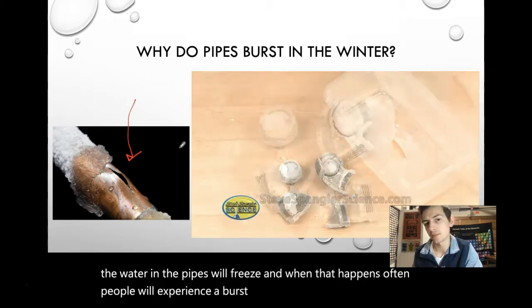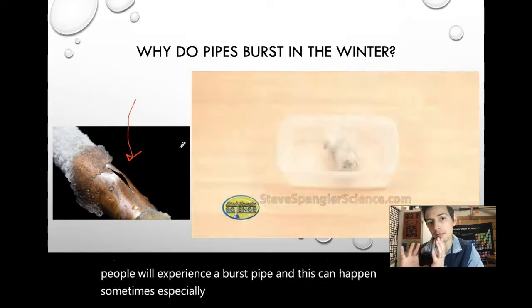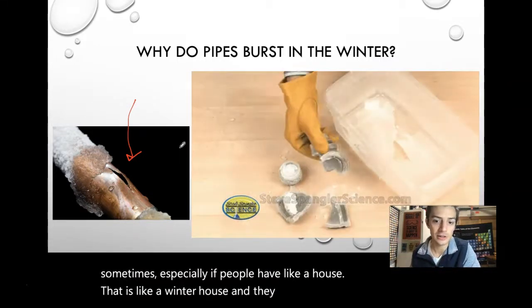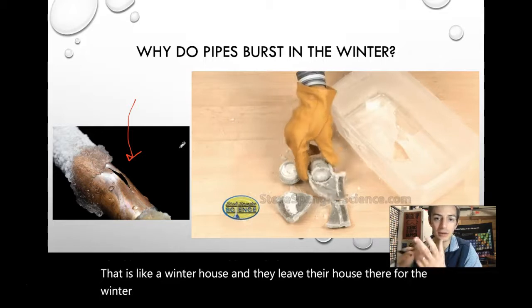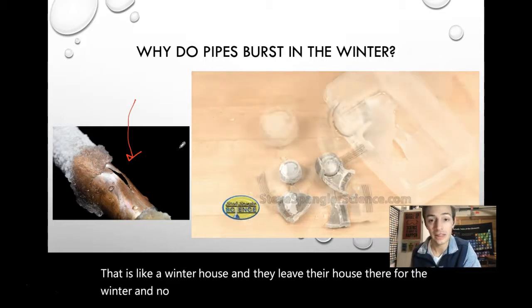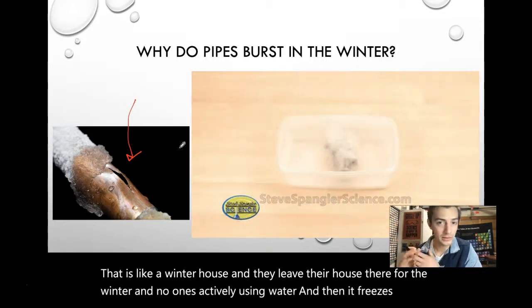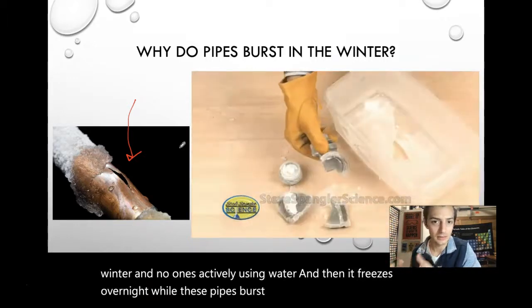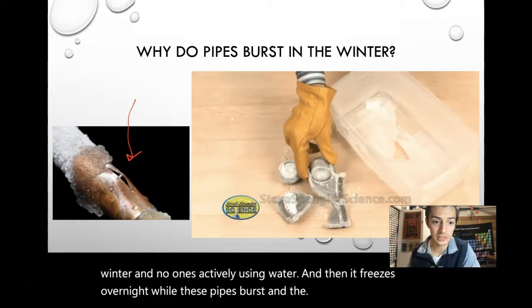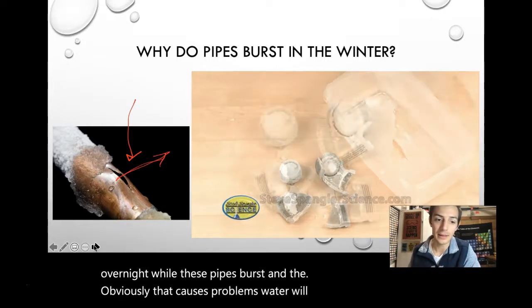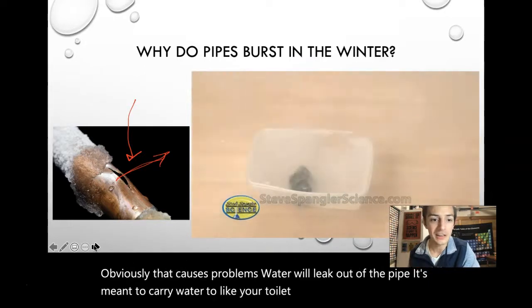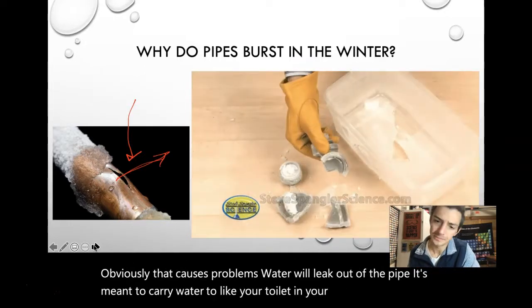This can happen sometimes, especially if people have a winter house, and they leave their house there for the winter, and no one's actively using water, and then it freezes overnight. Well, these pipes burst, and obviously that causes problems because water will leak out of the pipe. It's meant to carry water to your toilet and your sink and everything, so that water will leak out.